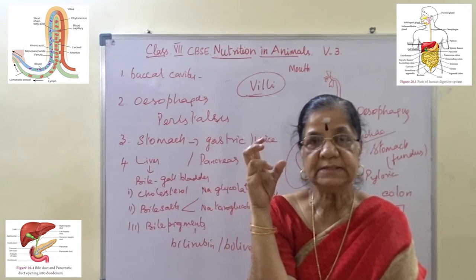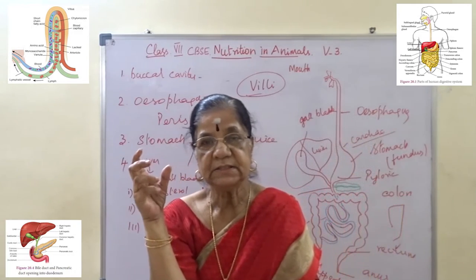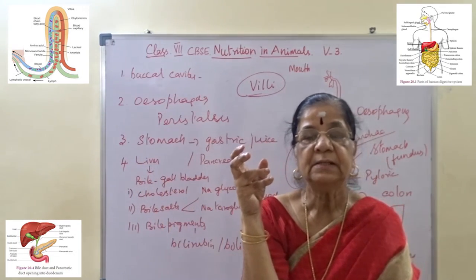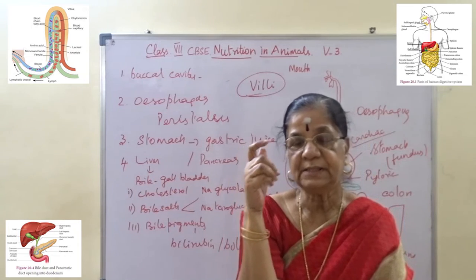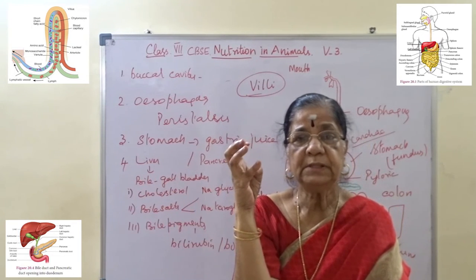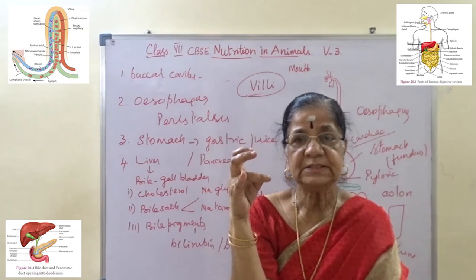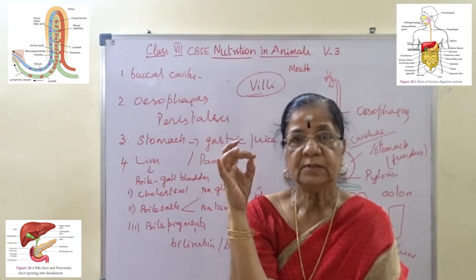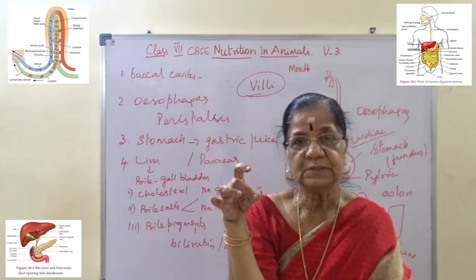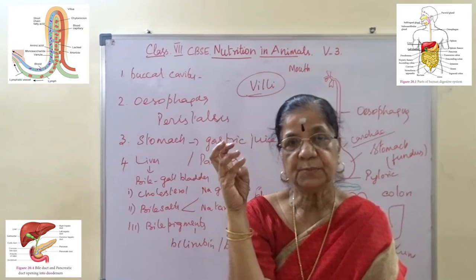Blood capillaries will absorb the digested food in the form of glucose, amino acids, vitamins and minerals by the process of simple diffusion, osmosis and active or passive transport. Passive transport is diffusion and osmosis, and then active transport.